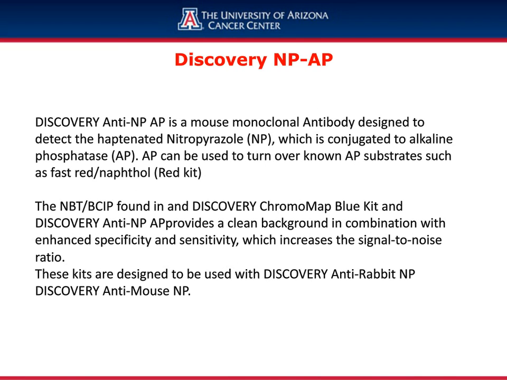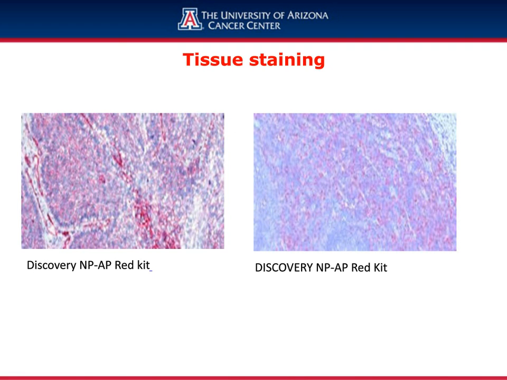And here are two examples of this: the NPAP red kit, which is clearly shown on the left-hand side, and on the right side you have an NPAP kit with a low-expressing protein, so you are not seeing the red as clearly as you are on the left-hand side.